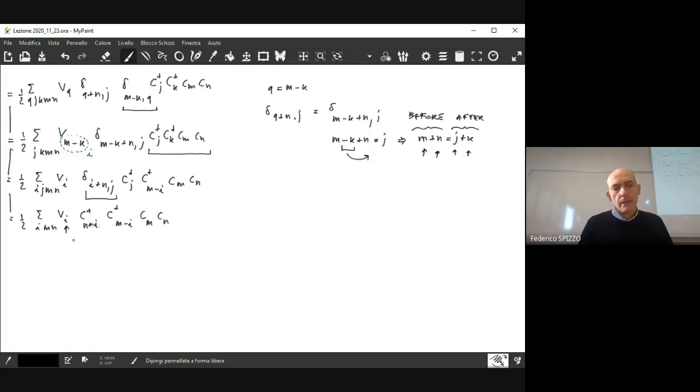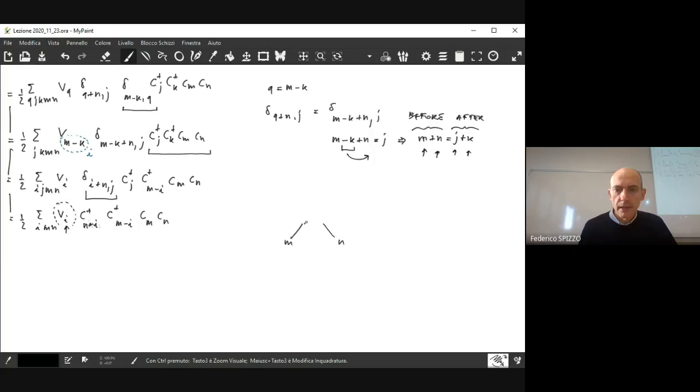So this means that the contribution of the term where you have a change equal to I of the wave vector of both electrons, m and n, corresponds to the Fourier transform of the potential evaluated exactly at the variation I, in this case, between the final and the initial wave vector. So if you want to represent this process, you may say that you have electron m and electron n.